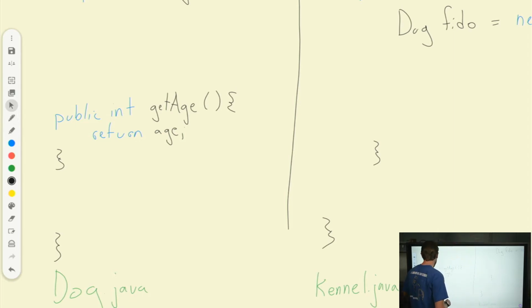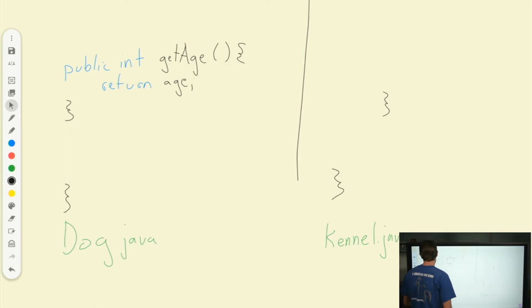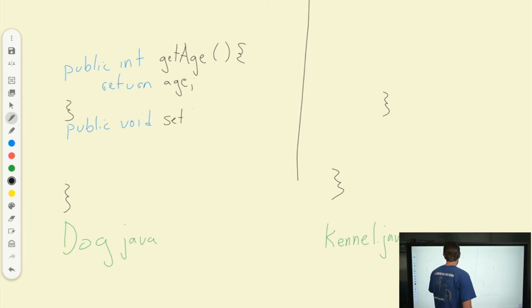And more importantly, when we create a setter, we definitely want to do that. So we're going to create a public void, because we don't need to return anything when we set an age, and we're going to call it setAge.